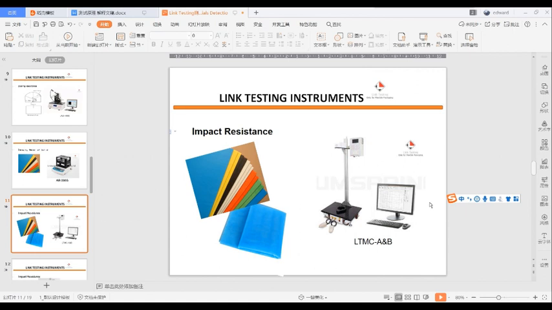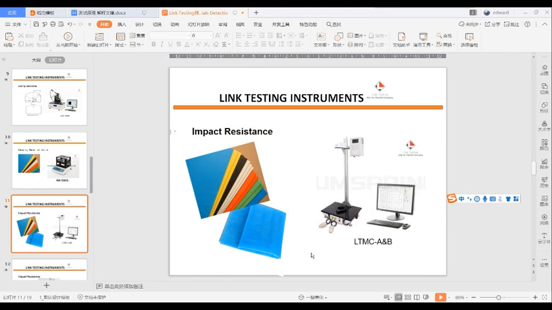This is the vertical one. Here we will put one dart and use the dart to impact the film. We will clamp the film here, use the dart to impact the film, impact the packaging, and get how much force this packaging or film can bear.